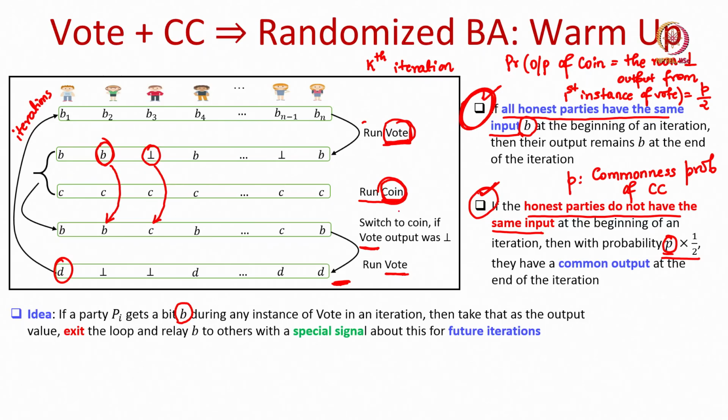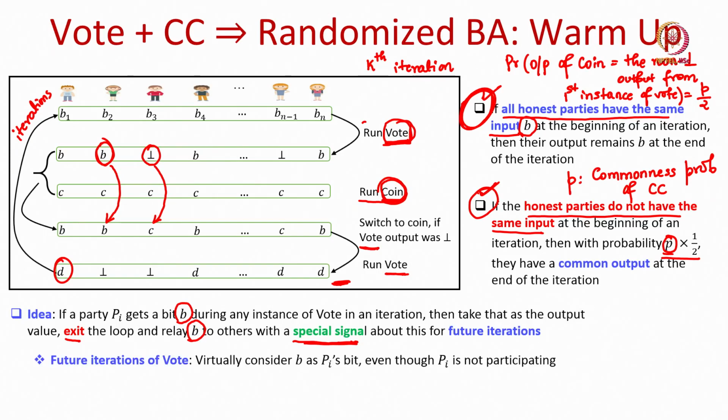If a bit is obtained in any of these, then it simply takes it to be the overall output for the BA, and it decides to exit the loop, but with a special halting signal to everyone: I have obtained a bit from this instance of vote and I am not going to participate in the future iterations, but you can imagine that I am participating virtually with my bit being B for future iterations of vote.